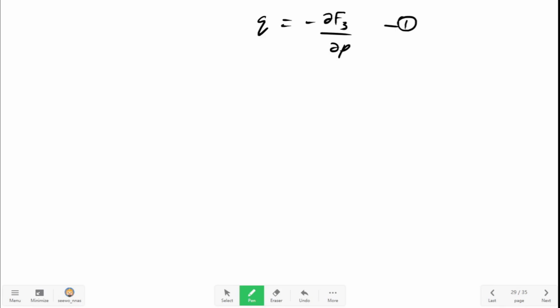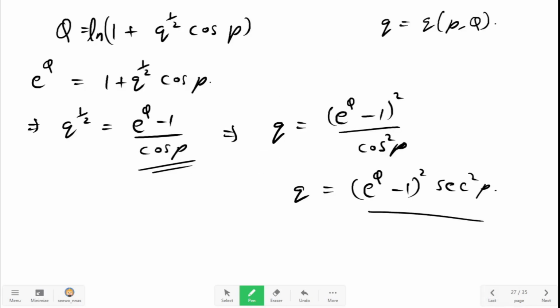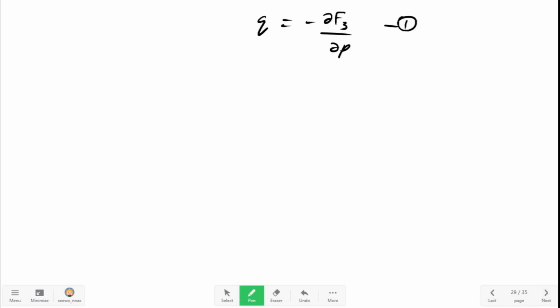If you put q, which we found here, in the LHS we will get e raised to Q minus 1 the whole square sec square p. This is equal to minus del f3 upon del p.